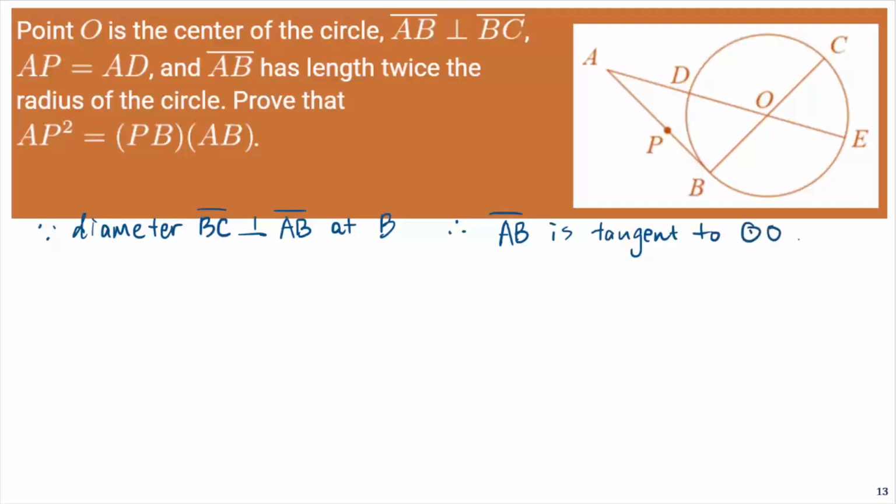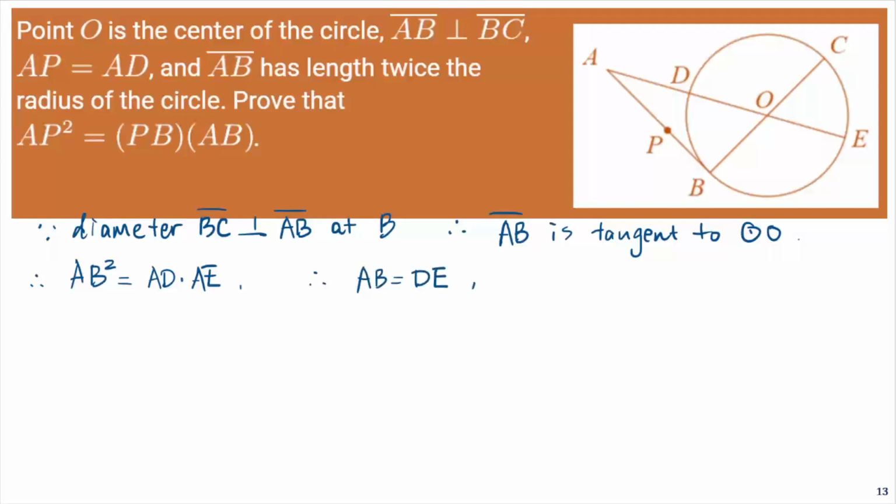Therefore, the power of point A gives us AB squared must equal AD times AE, right? We are given AB equals twice the radius of the circle of which DE is the diameter, so we have AB equals DE.